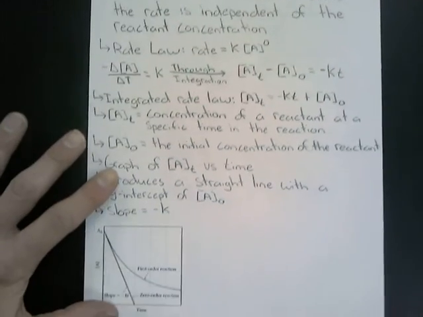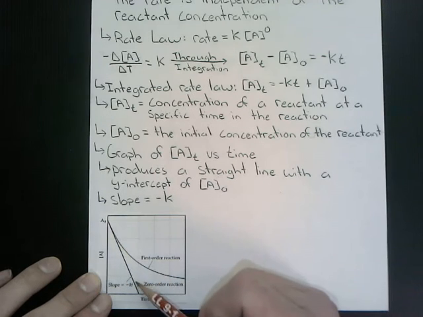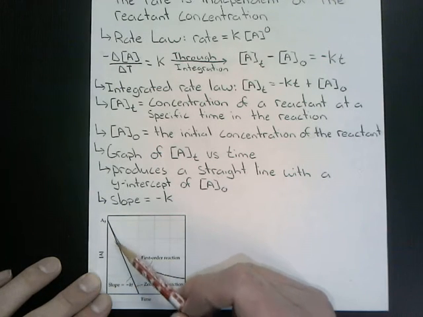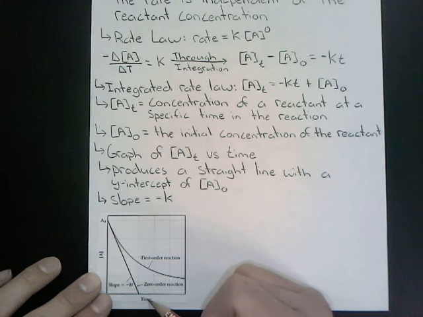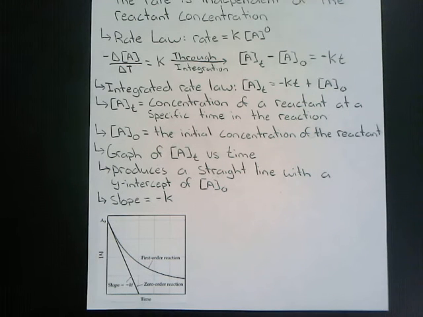We can see that through this graph here. Again, concentration versus time produces this straight line, and if it's concentration versus time and it's a straight line, we know it's a zero order reaction.